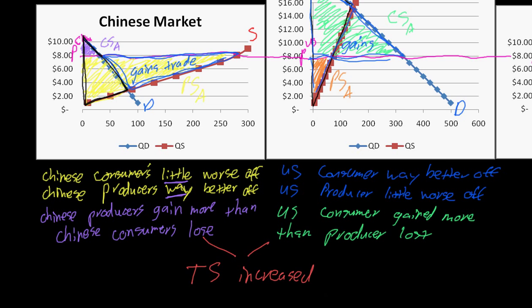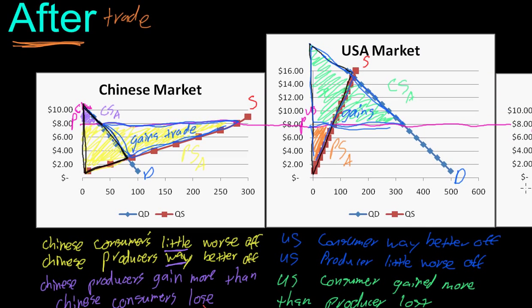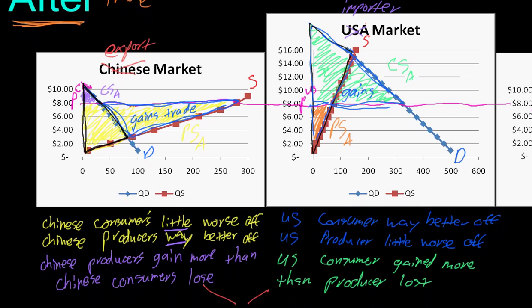So to generalize this, rather than talking about the Chinese market and the USA market, we could talk about any general exporter. I'm just going to cross that out and write an exporter, and then I'm going to cross out USA and I'm going to write an importer. So whenever something is opened up to trade, in the exporting nation, the consumers will be a little bit worse off and the producers will be way better off, and they're exporters.